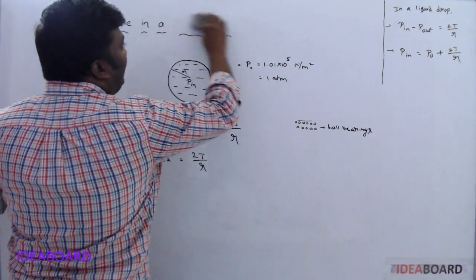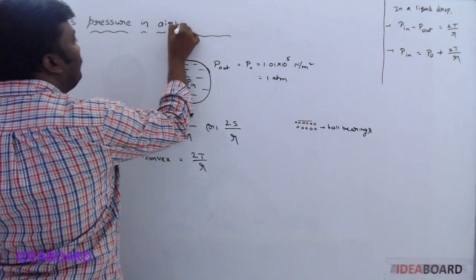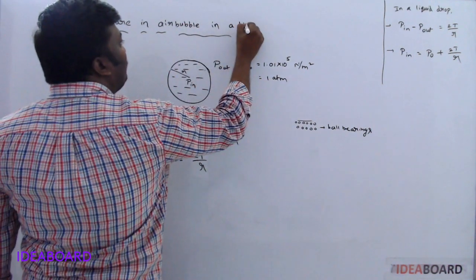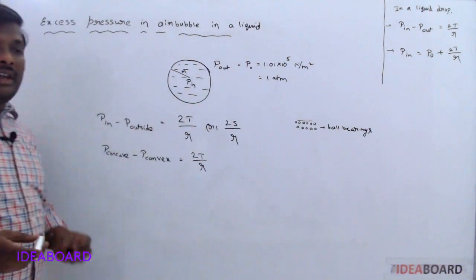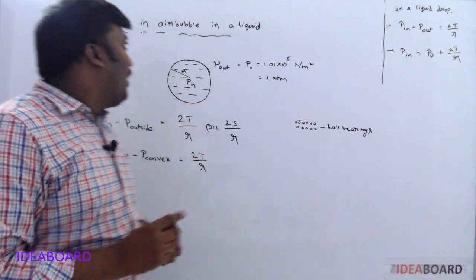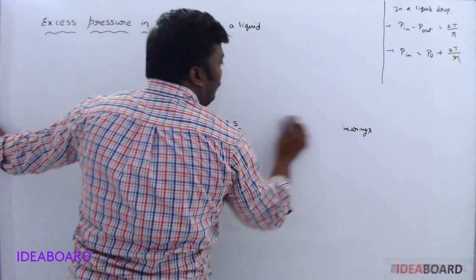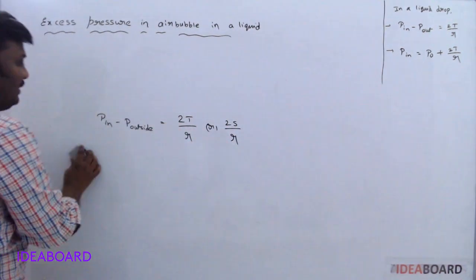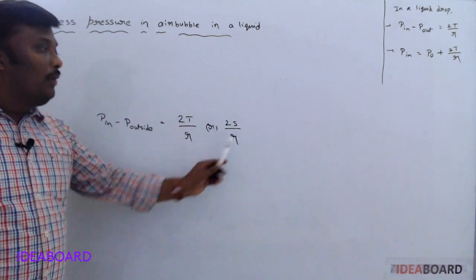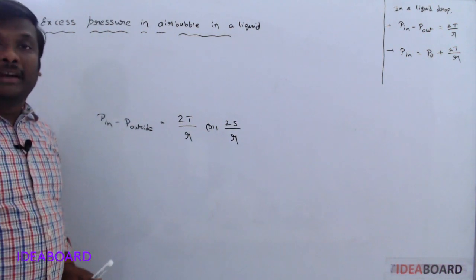Now let us see excess pressure in an air bubble in a liquid. An air bubble is not available in the air, it is present inside the liquid. So what is the formula for the excess pressure in an air bubble? In an air bubble also, the formula for the excess pressure is P inside minus P outside is equal to 2T by R only. No variation between the liquid drop and air bubble.